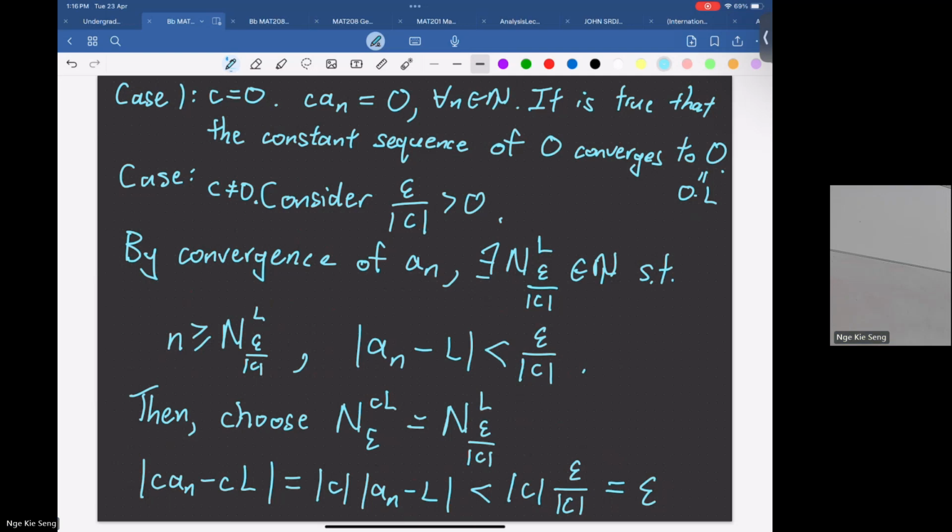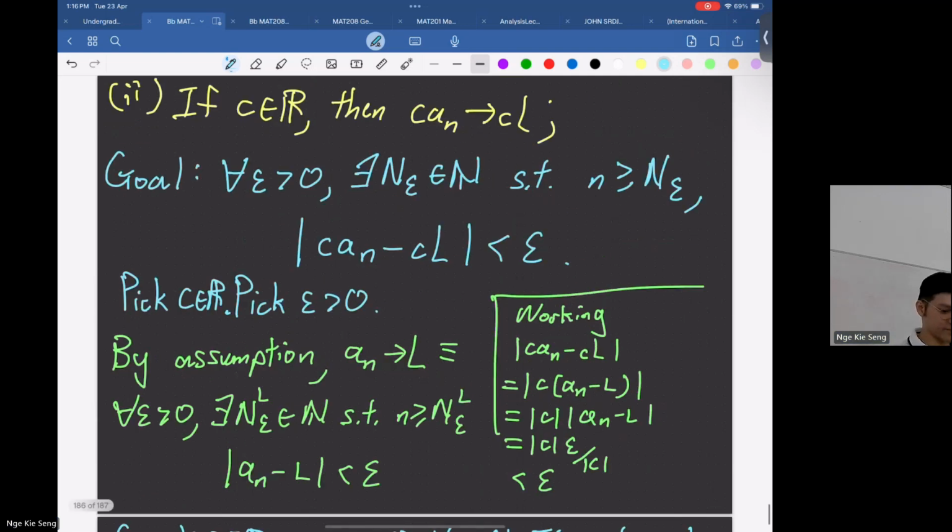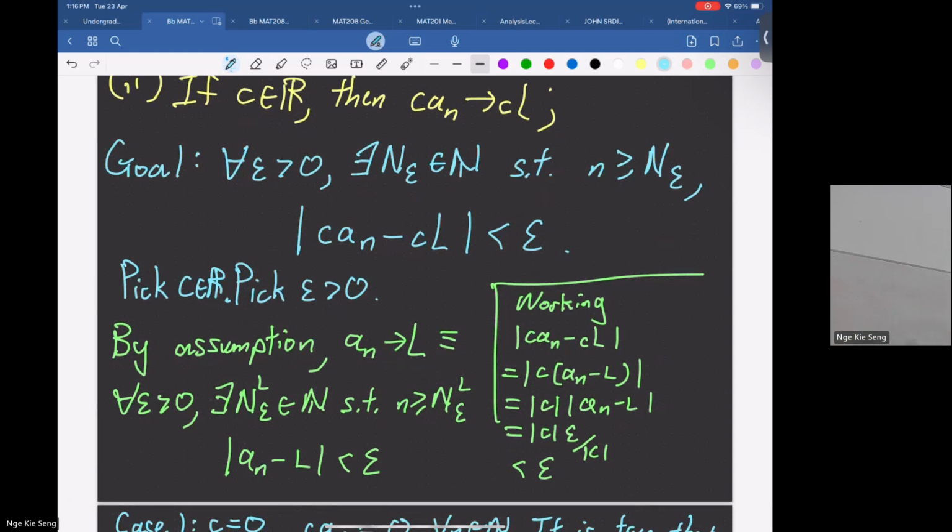Question? Yes. Okay, we go back to the working. You mean this one, this one, this one, right? Yeah, good. This one follows from here. Here is strict, so this one should be strict.